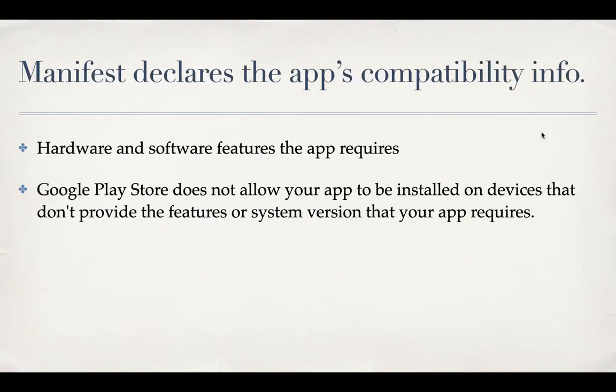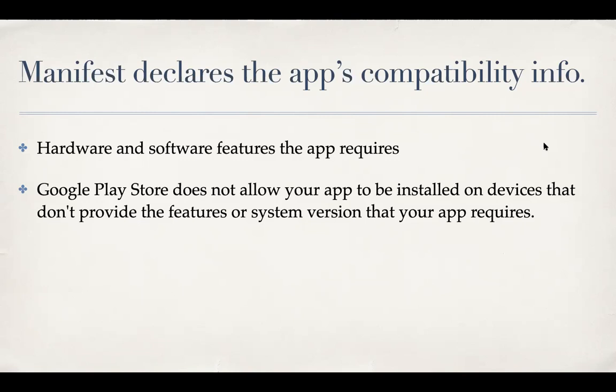All right. And the final thing the manifest must declare is the app's compatibility info, if applicable, of course. So what do you mean by compatibility? Once again, we'll talk about this in detail later, but it can be some hardware and software features. For example, an app that requires, say, an accelerometer should not be installed on devices that don't support an accelerometer.